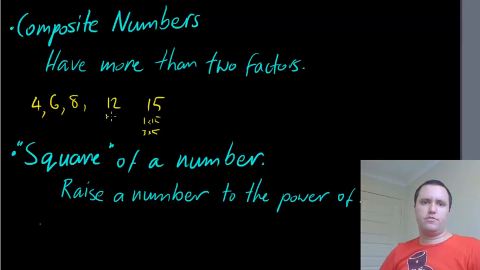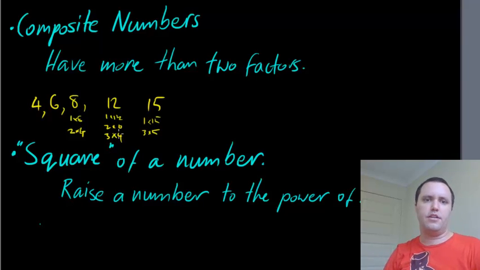Okay, 12 is 1 times 12, 2 times 6, 3 times 4. See, all of these ones, 1 times 8 and 2 times 4, all have more than 2 factors. So 2 and 4 are factors of 8, therefore it's a composite number. 3 and 4 are factors of 12, therefore it's a composite number.